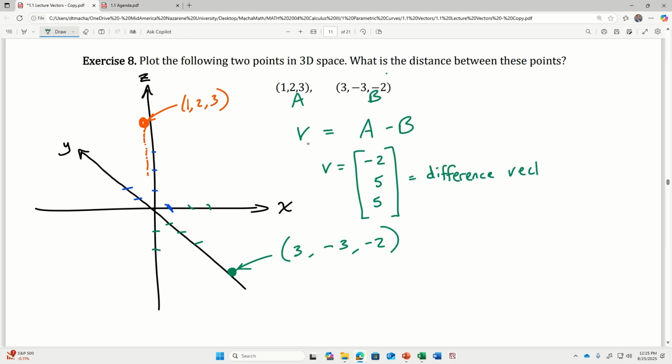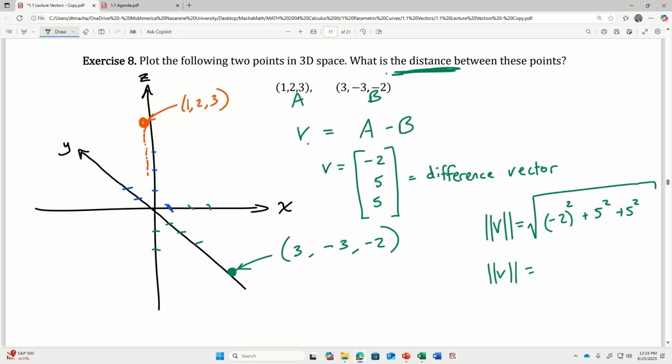This is my list of numbers that tells me the differences between the coordinates of point A and B. And then if I want the distance between those 2 points, I just need to find the norm of this vector. And of course, the norm is going to be negative 2 squared plus 5 squared plus 5 squared. And then you take the square root.